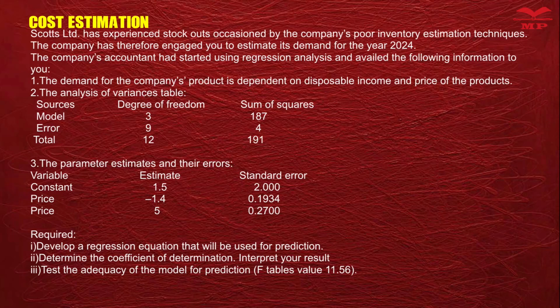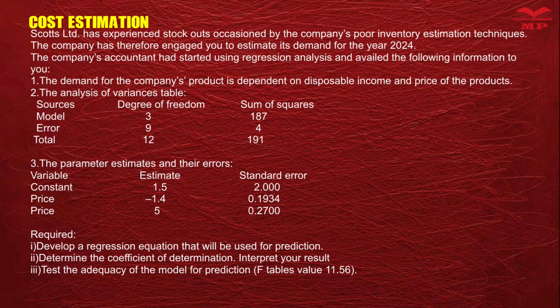So Scores Limited has experienced stockouts occasioned by the company's poor inventory estimation techniques. The company has therefore engaged you to estimate its demand for the year 2024. The company's accountant had started using regression analysis and availed the following information to you. Number 1, the demand for the company's product is dependent on disposable income and price of the products.